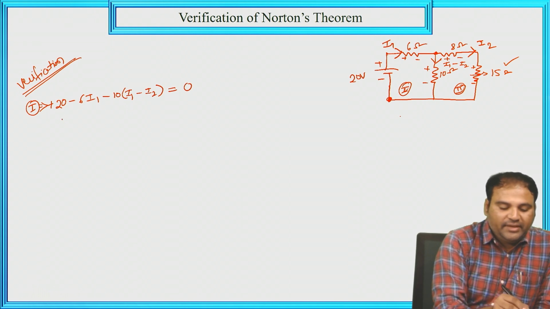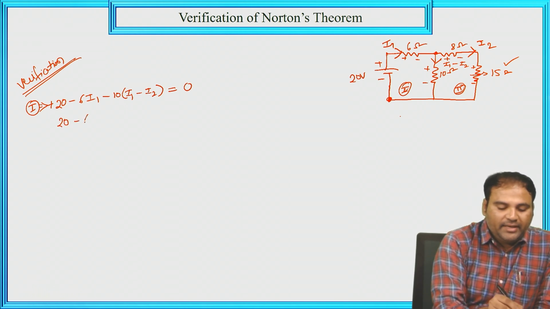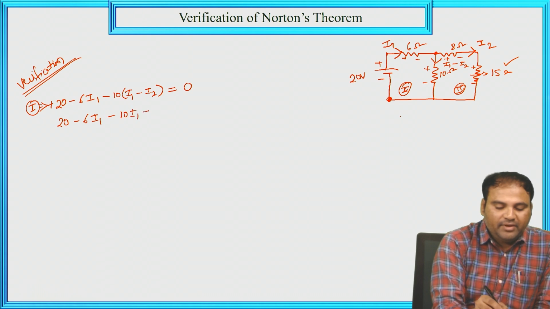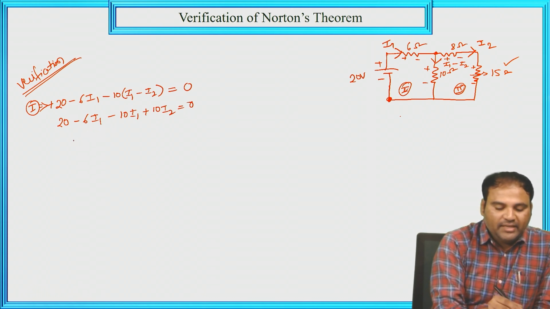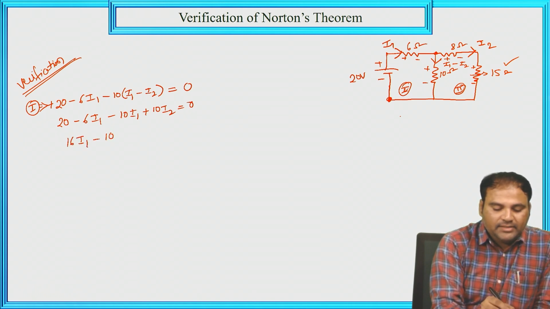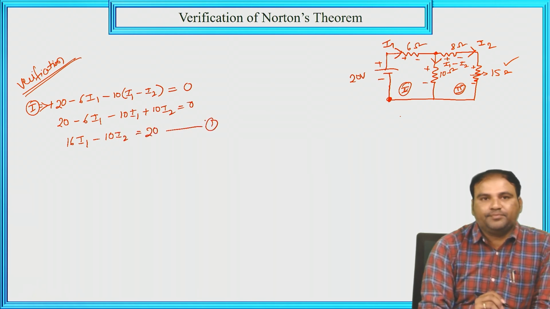Simplify the equation: 20 minus 6 I1 minus 10 I1 plus 10 I2 equals 0. Minus 6 I1 minus 10 I1 is minus 16 I1, which goes to the other side, so 16 I1 minus 10 I2 equals 20. Let us take this as equation number 1.